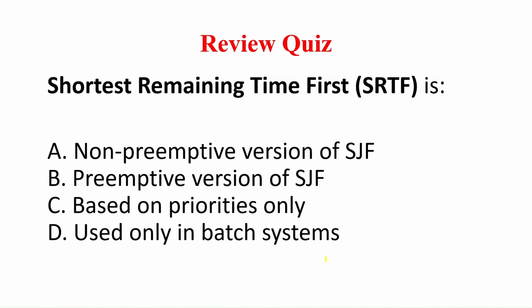Just now we analyzed that shortest job first is the non-preemptive version, which will not release the CPU, whereas in shortest remaining time, when a process with a shortest next CPU burst time arrives, there is a need to preempt the currently running job. So shortest remaining time is the preemptive version of the shortest job first algorithm.